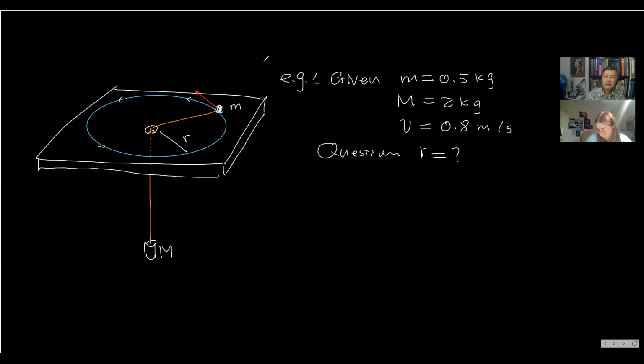The formula is that the centripetal force is equal to the product of the mass of the object multiplied by the centripetal acceleration. So this is the basic formula we can apply.